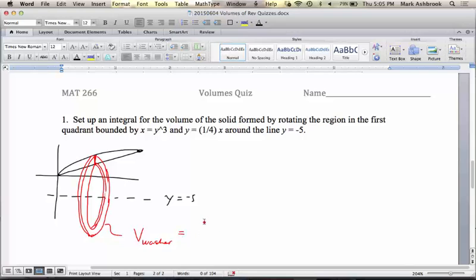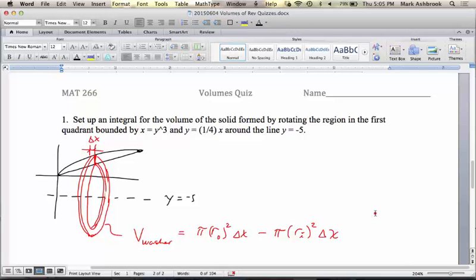It's going to be pi outer radius squared times the thickness. What's the thickness this time? Thickness of the washer is a delta x. So pi r squared delta x, that's the outer cylinder, minus pi r inner squared delta x.